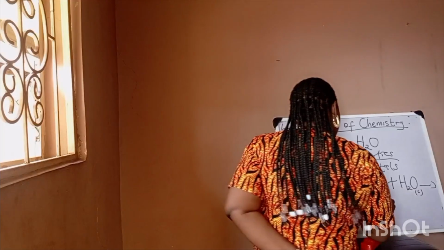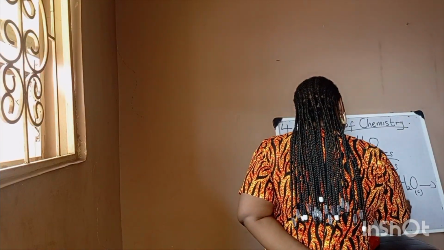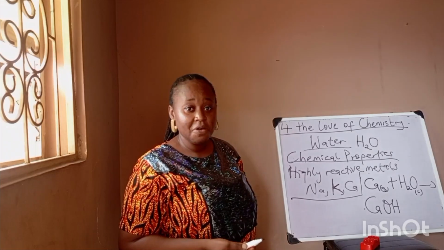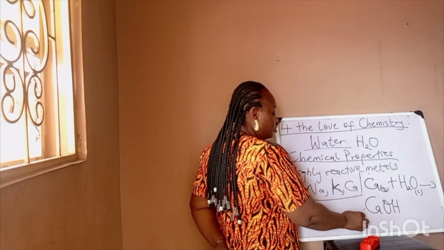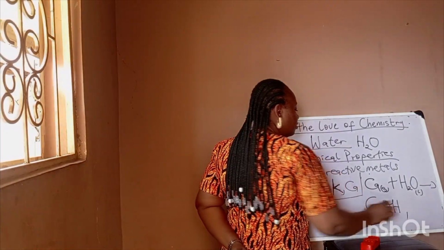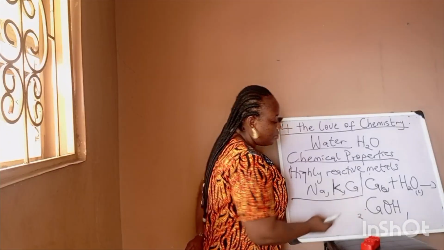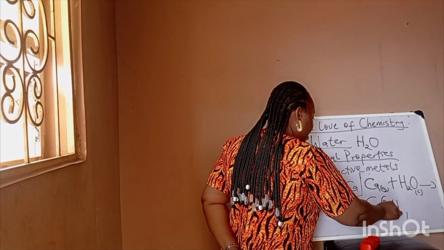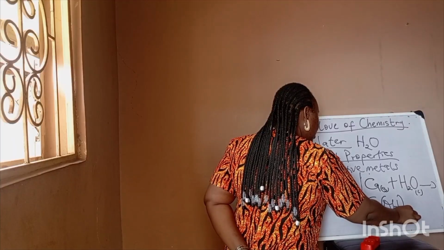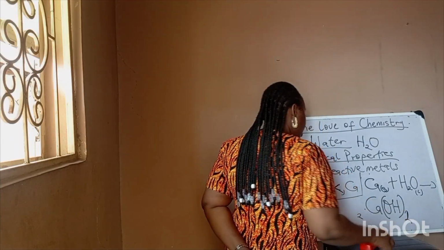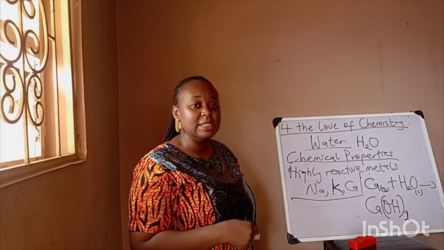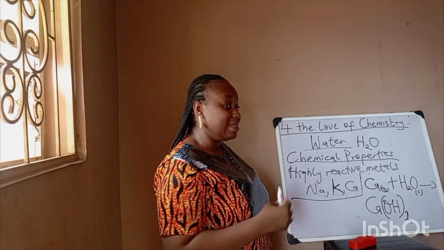So we have our calcium and hydroxide, of course. We exchange valency. The valency of calcium is 2. The valency of hydroxide is 1. So when we exchange the valency, the hydroxide being a radical has 2. Because it's a radical, we have to put the bracket to indicate that the 2 is for both oxygen and hydrogen because it's a radical.